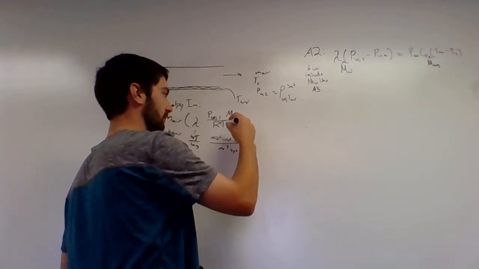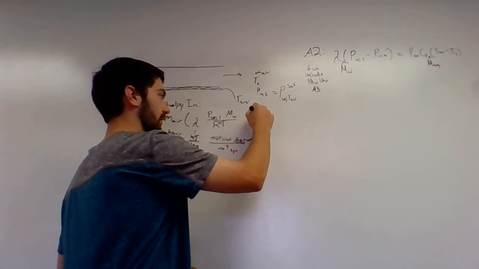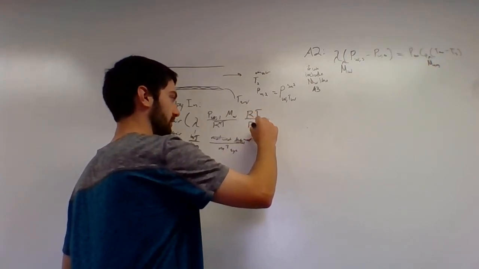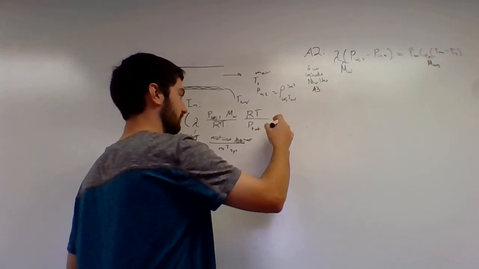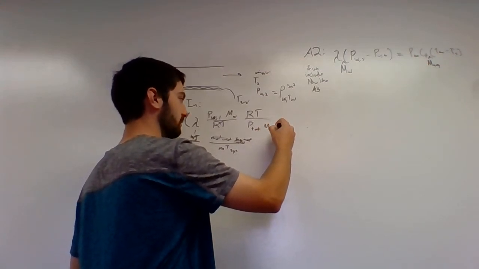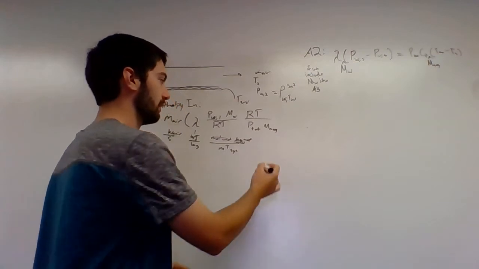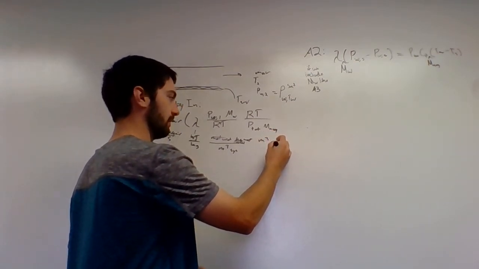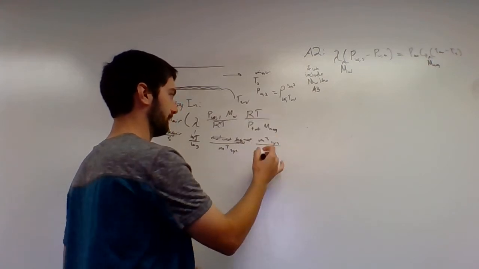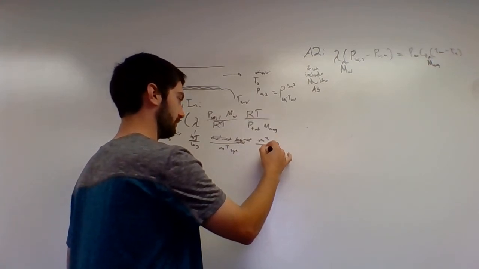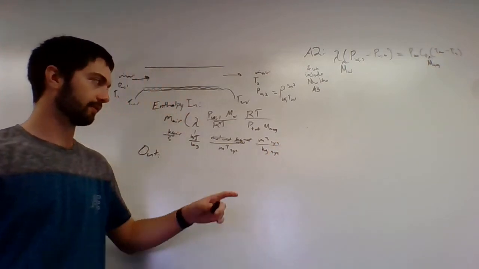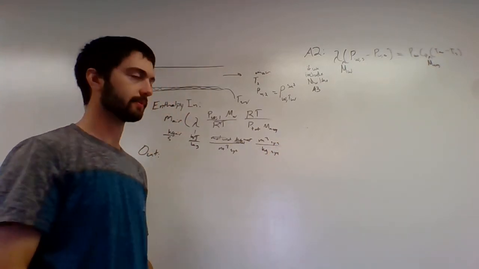To do that, we can just invert this. So we have RT on top, and we're going to do total pressure times the average molecular weight of the air-water system. That's going to get us cubic meters of the system on top and kilograms of the system. I'm just using "system" for the air-water mixture.